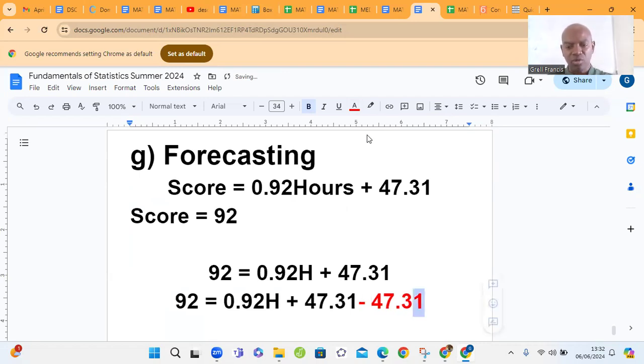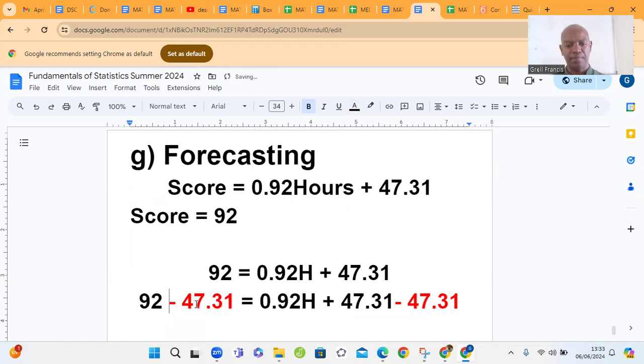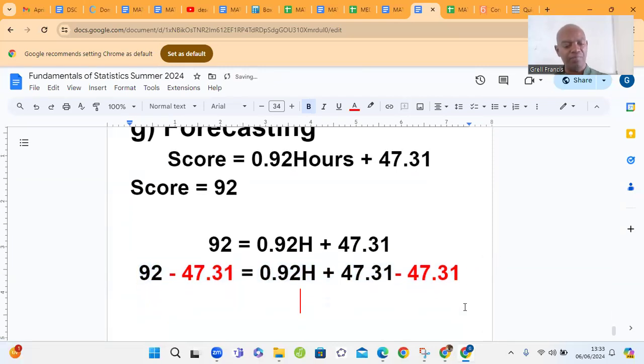So we have to cancel out 47.31 by subtracting, doing the opposite of plus. If you subtract 47.31 on the right side, what you do on the right side, you've got to repeat on the left side for the equation to balance. So therefore now, 47.31 was cancelled out from the right side.